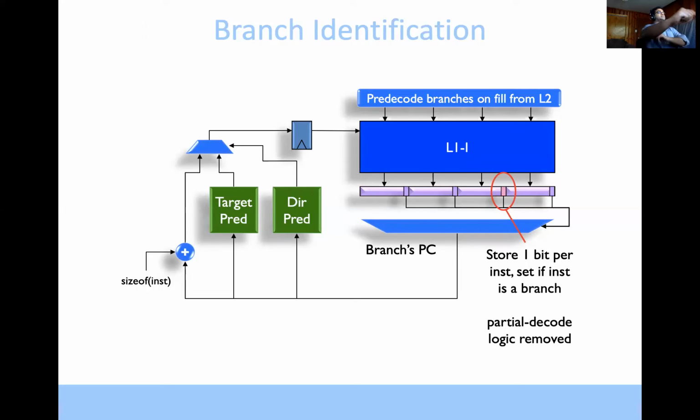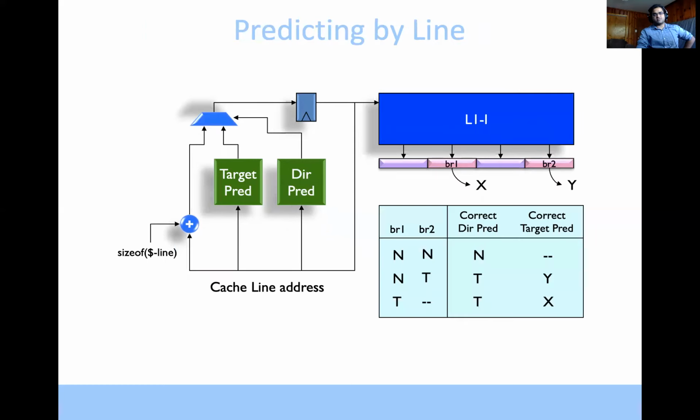Another way to remove that entirely is to store just if a branch exists in that cache line when you first encounter that branch. So this trades off a little bit of accuracy by storing the fact that there is any branch at all in that cache line. And if you're willing to devote some more bits, you can actually store for each instruction in that cache line what the target would be and things like that.